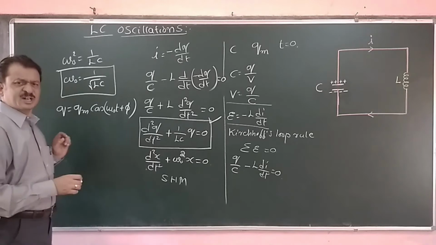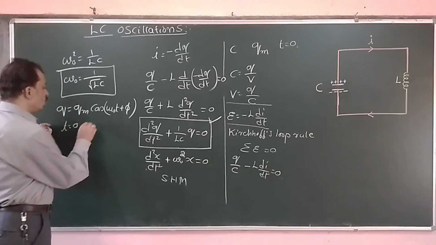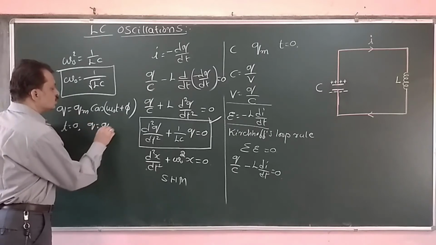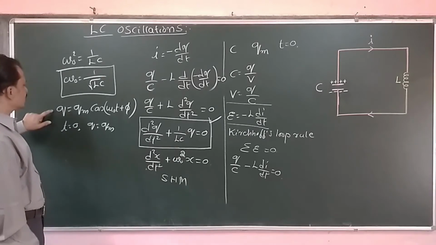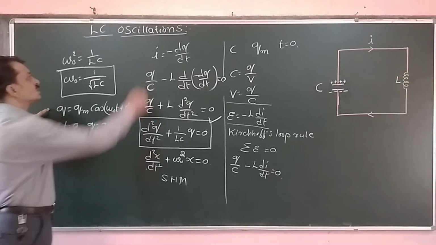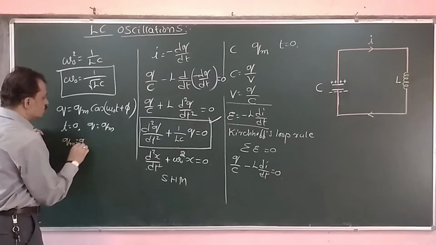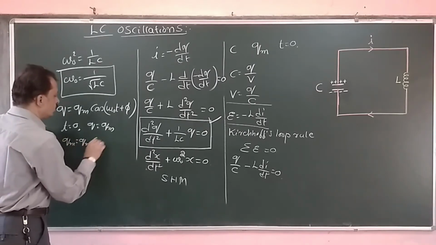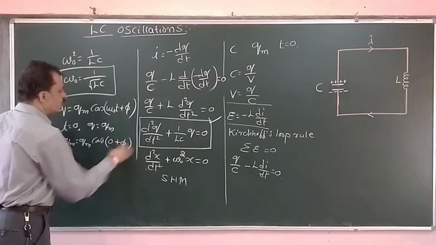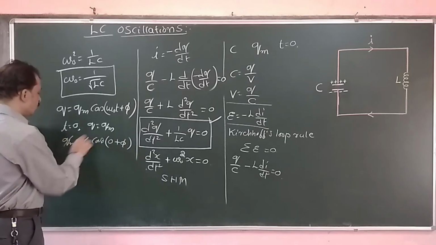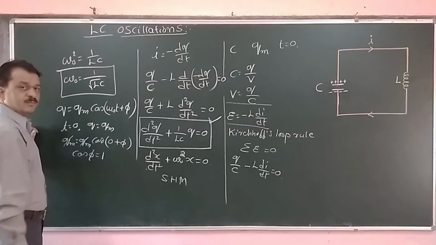Now if you take the initial conditions at t is equal to 0, what is the charge? The charge is equal to the maximum value Qm. If I substitute this condition in this equation for the variation of charge, I get Qm is equal to Qm into cos of phi, since t is 0. Qm gets cancelled, therefore cos phi is equal to 1.